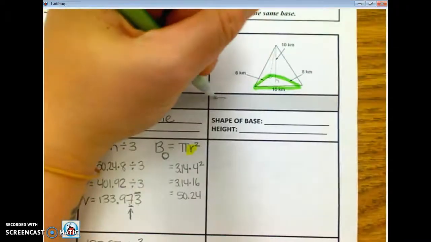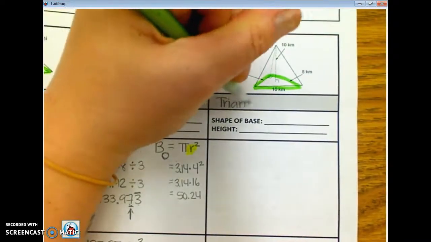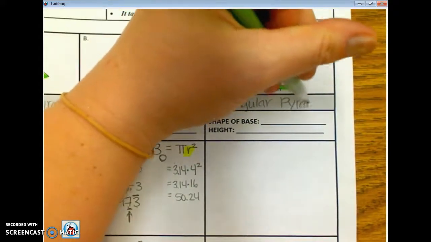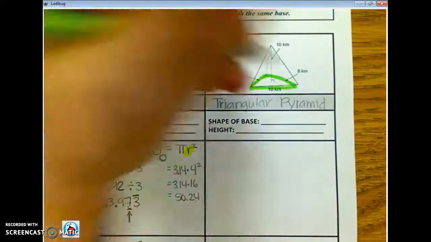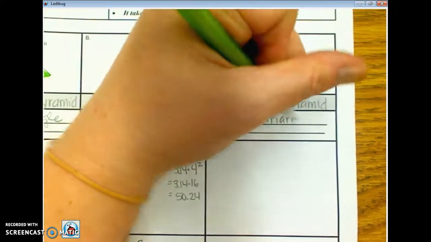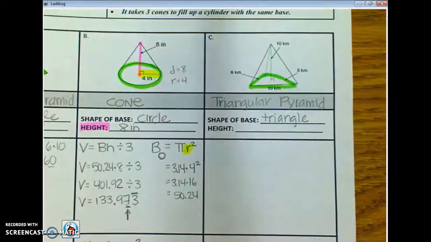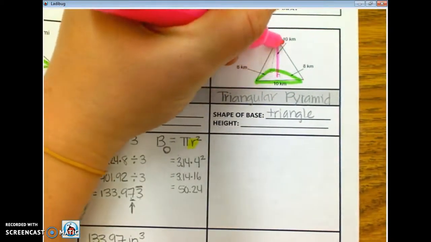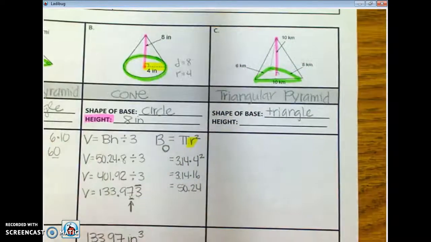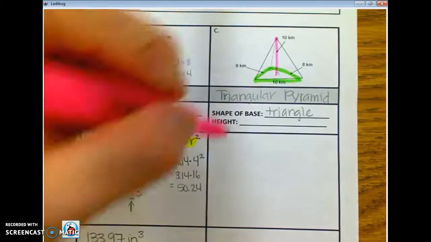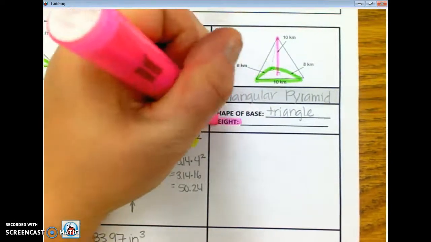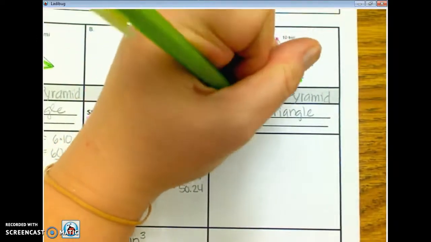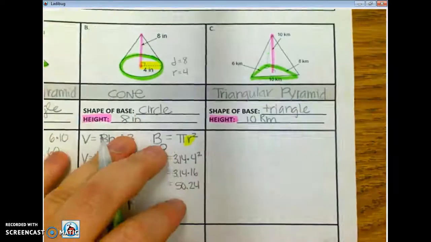It's a triangle, so it's a triangular pyramid, because my base was a triangle. My height goes from the center to the vertex. So my height is 10 kilometers. Again, we're dealing with a huge pyramid here.